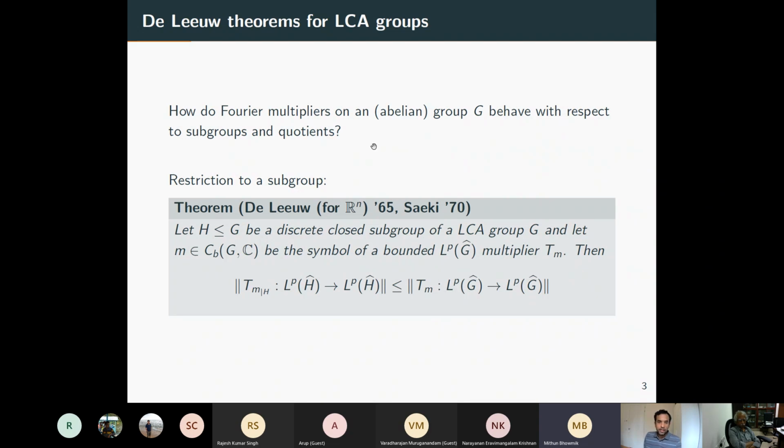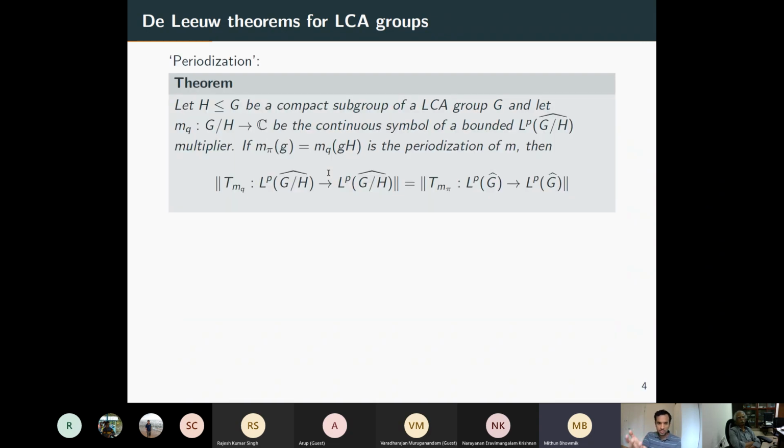So similarly, you can take quotients, and taking the quotient mapping also makes this behave well. That's the content of this periodization theorem: if you go to quotients, then that's equivalent to looking at the norm of the periodic function which gives this.